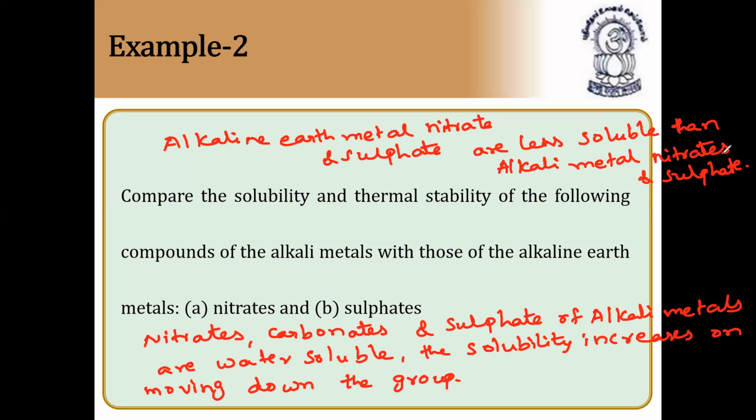Next, thermal stability. Alkali and alkaline earth metal nitrates decompose on heating. So when compared, the thermal stability of alkaline earth metals is more than that of alkali metals, and the thermal stability of alkali metals is less.